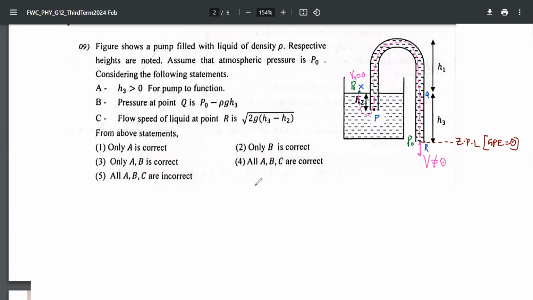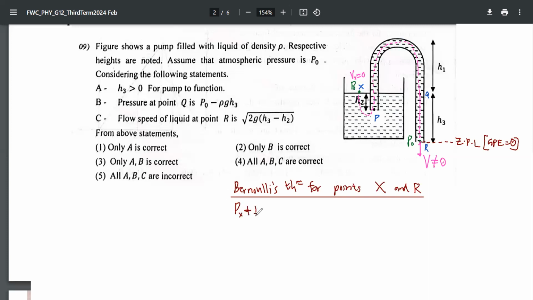So tell me, Bernoulli's theorem for which points? X and R. Why not any other points? Because we do not know the in-between pressures, but we definitely know the pressure at X and the pressure at R. So what is the Bernoulli's equation? I will write the whole thing.